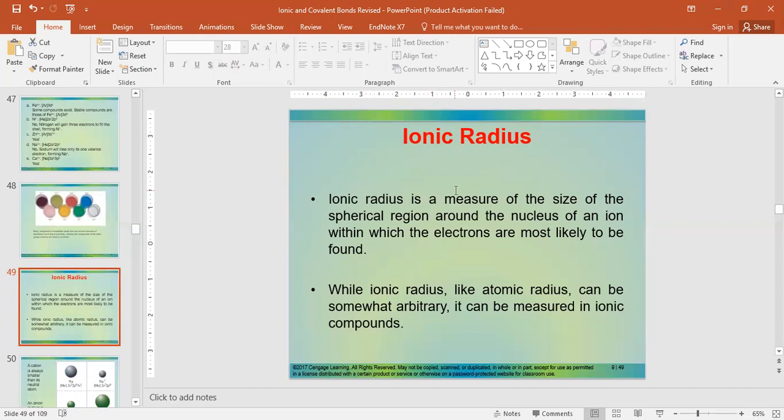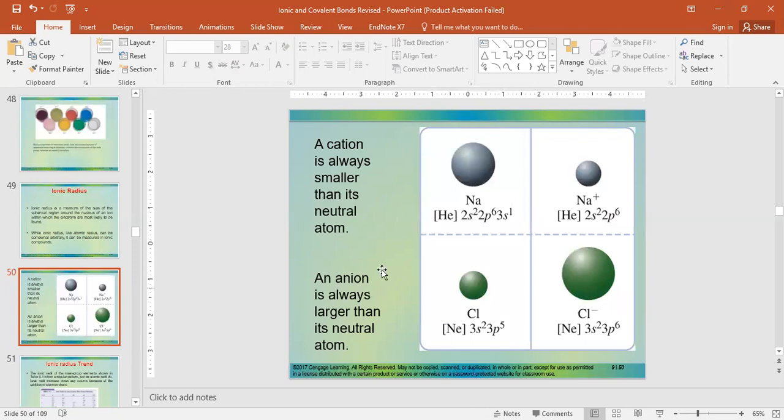So ionic radius is a measure of the size of the spherical region around the nucleus of an ion within which the electrons are most likely to be found. While ionic radius, like atomic radius, can be arbitrary, it can be measured in ionic compounds. And we said that we can compare the atomic radius and the ionic radius, whether it is cationic or anionic, and that is what I am showing here.